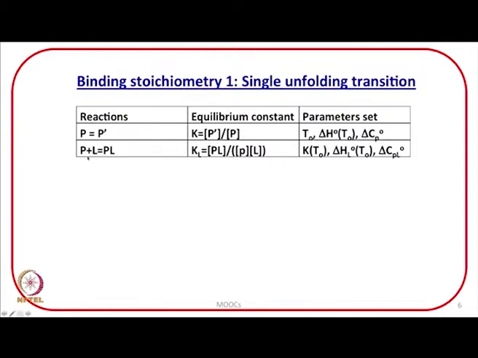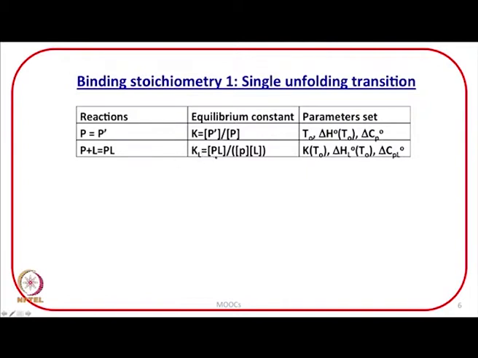And when this protein is associated with a ligand, then what we have is P plus L equal to PL. The equilibrium constant KL, this is what you will be interested in.